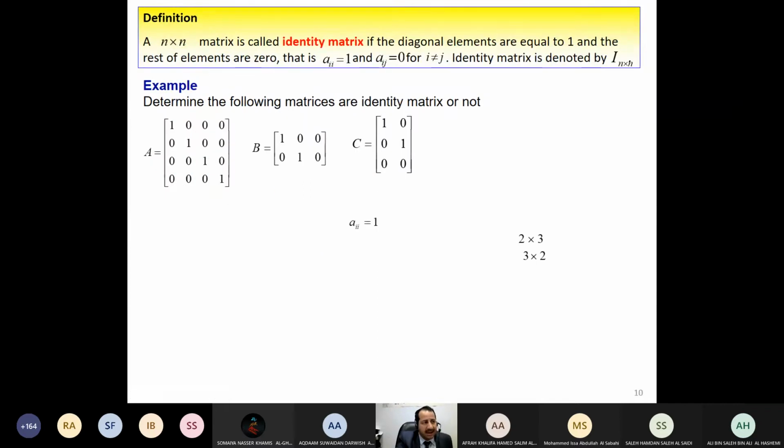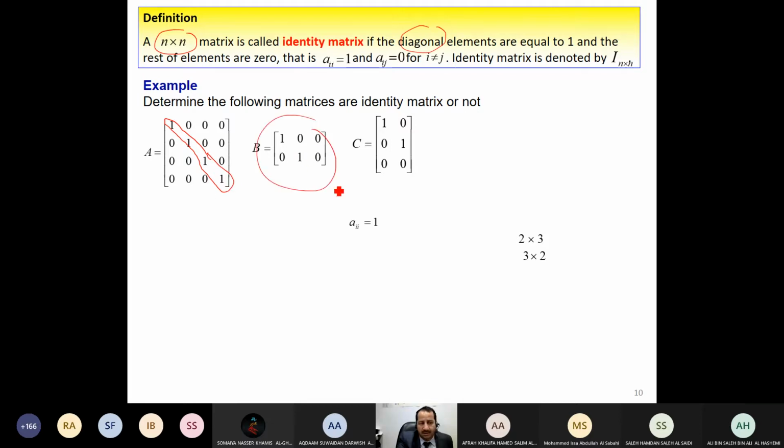Identity matrix. An identity matrix is also a square matrix, and it's a diagonal matrix, and it's a scalar matrix, but the number should be 1, only 1. It's called identity, only 1. So this is, as you can see here, a square matrix 4 by 4, a diagonal matrix because only the diagonal has elements, a scalar matrix at the same time because it has the same number, and it's an identity matrix because it's equal to 1.